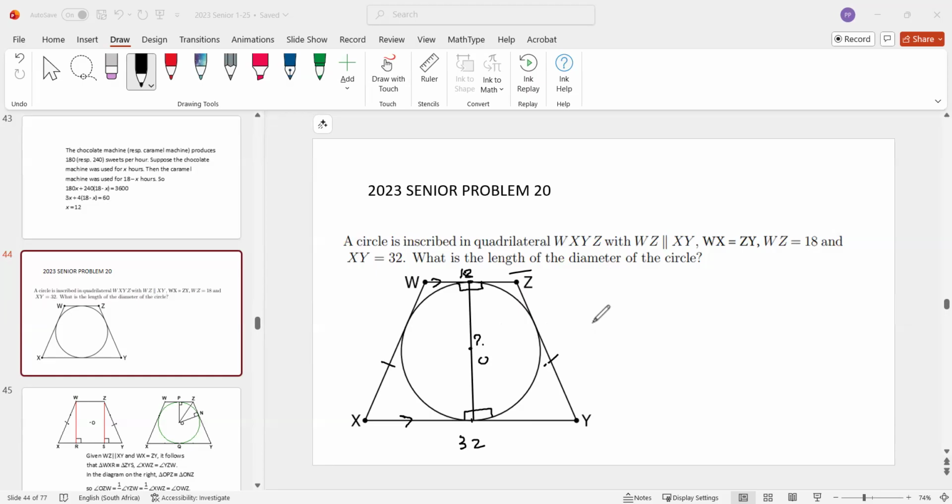All right. Now, to find out what this length is, what I'm going to do is draw from this point here another line perpendicular, another line perpendicular.